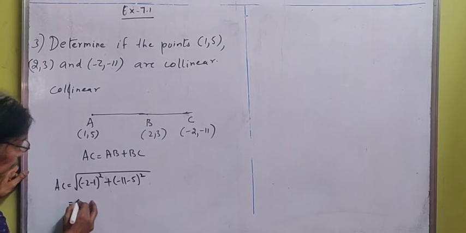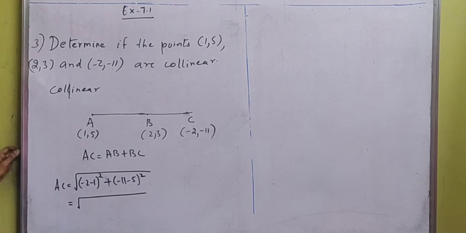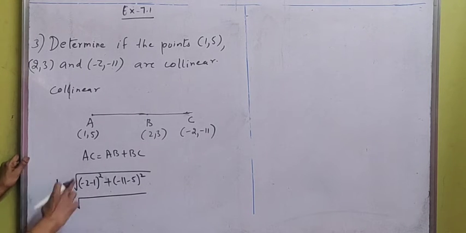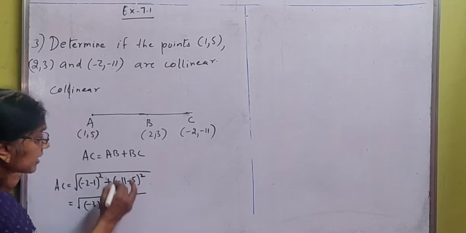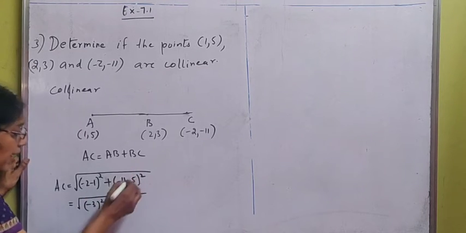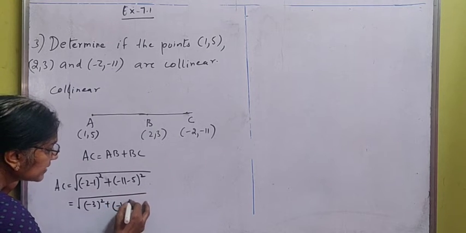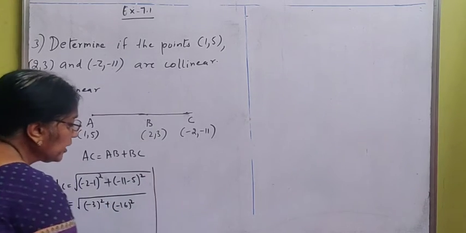So that is the root of (-2 - 1) whole square plus (-11 - 5) whole square. So -2 minus 1 is -3, the whole square, plus -11 minus 5 is -16, the whole square.